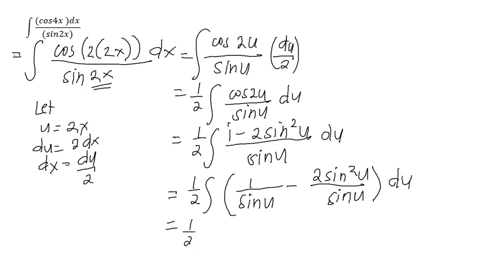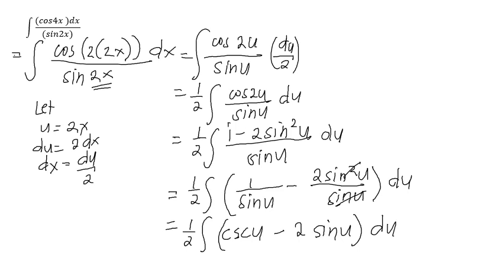So let's simplify everything. 1/2 integration of 1 over sine u is equal to cosecant u. The second term is minus 2 sine u du.